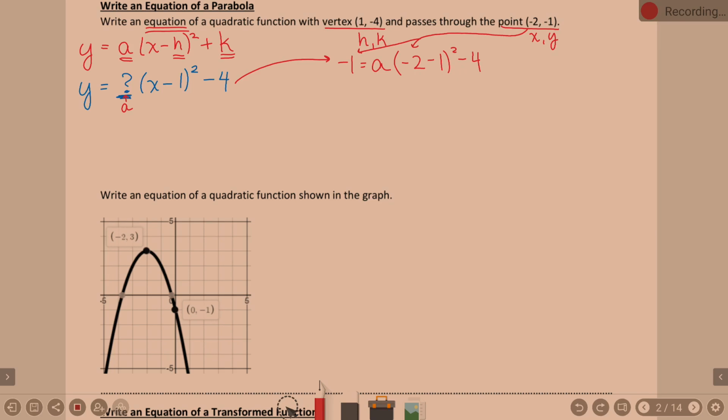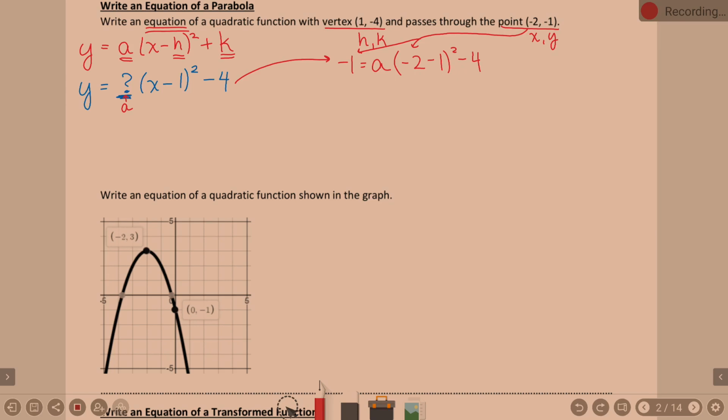Okay? So we used x and y to fill in this equation. We have an equation that just has A in it now. Can I solve it? Yeah, do some math.